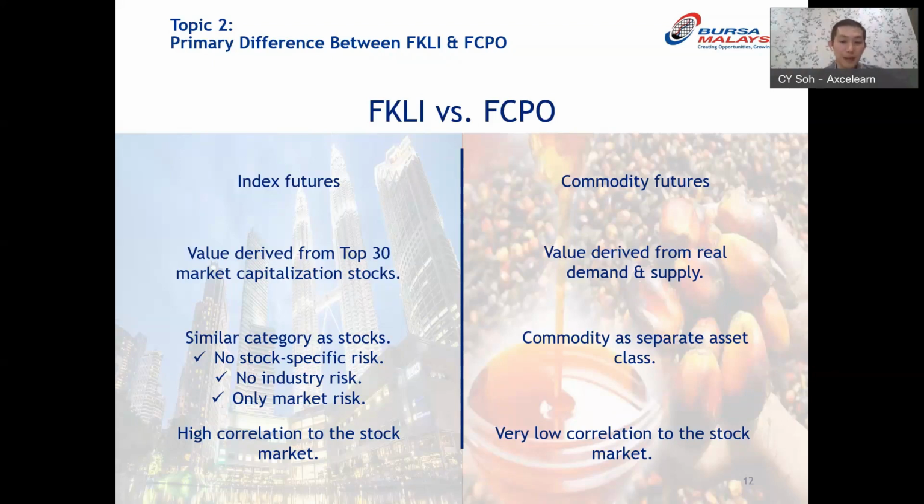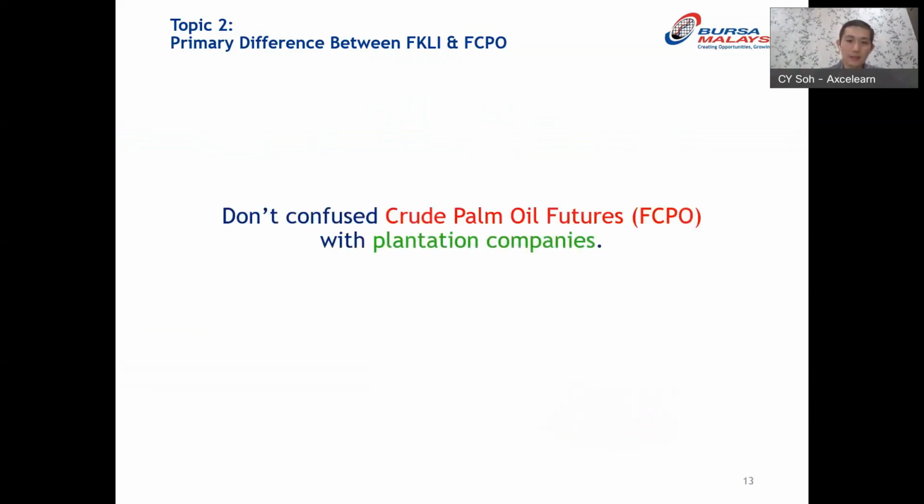Now, I believe that you have already understood the differences between FKLI index futures and FCPO commodity futures. Now, I want to share with you one extra important piece of information. It is very important. This additional information is very useful for you to better understand the FCPO market.